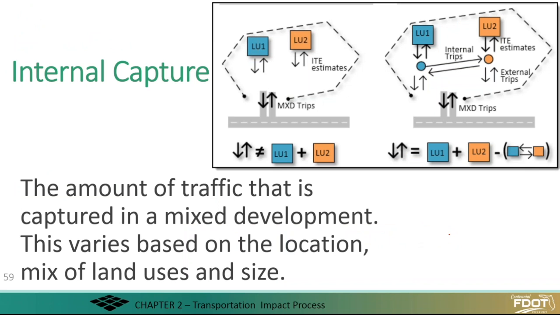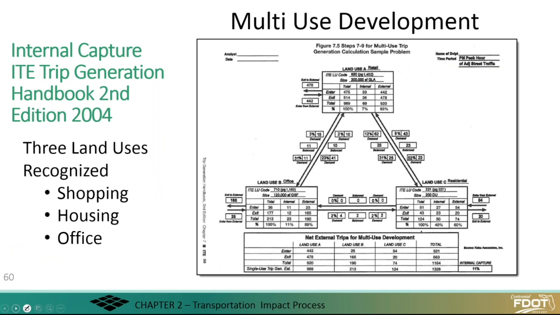Okay, internal capture is also a very contentious item that can be part of your traffic study. With a lot of the larger developments, there's a lot of discussion about what the true impacts are.